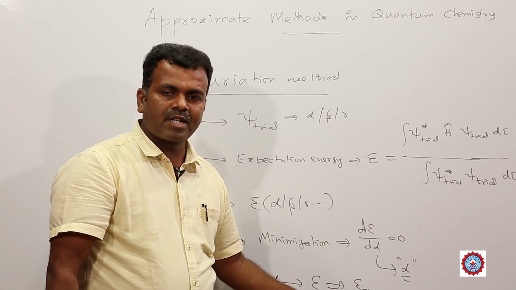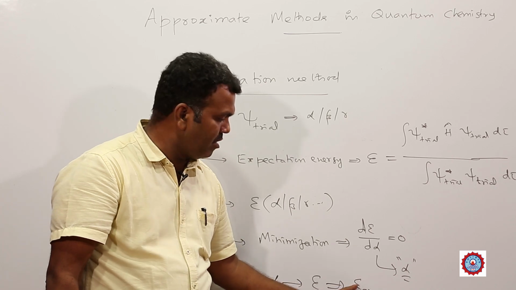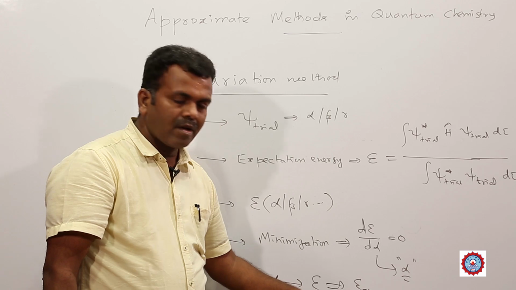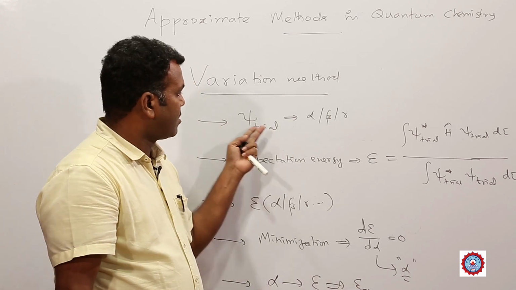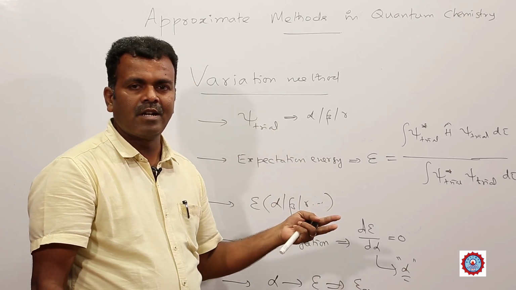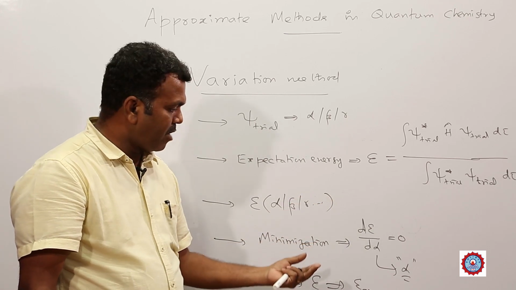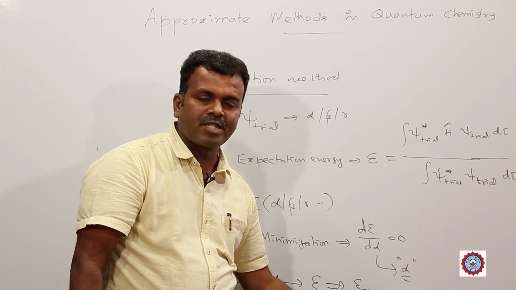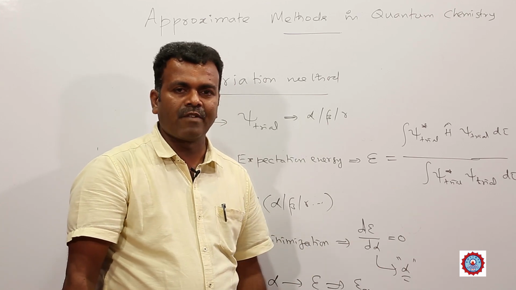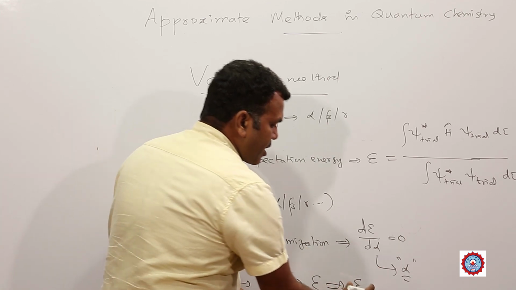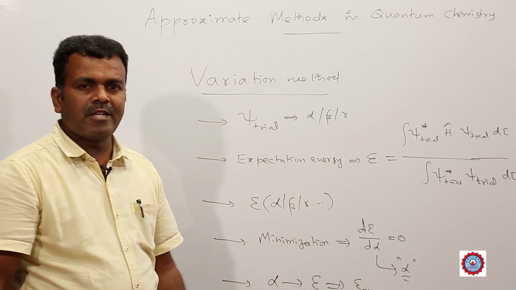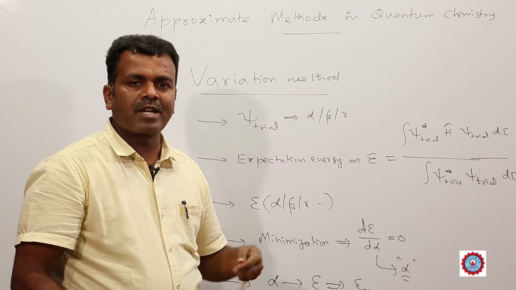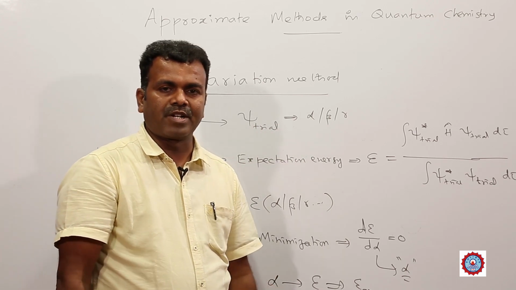But this expectation energy is actually for the trial wave function that we have chosen. To identify whether the trial wave function chosen is correct or not, we have to compare this calculated energy with the experimental energy that is available. If the calculated energy and the experimental energy match, then the trial wave function chosen can be considered as the true wave function.